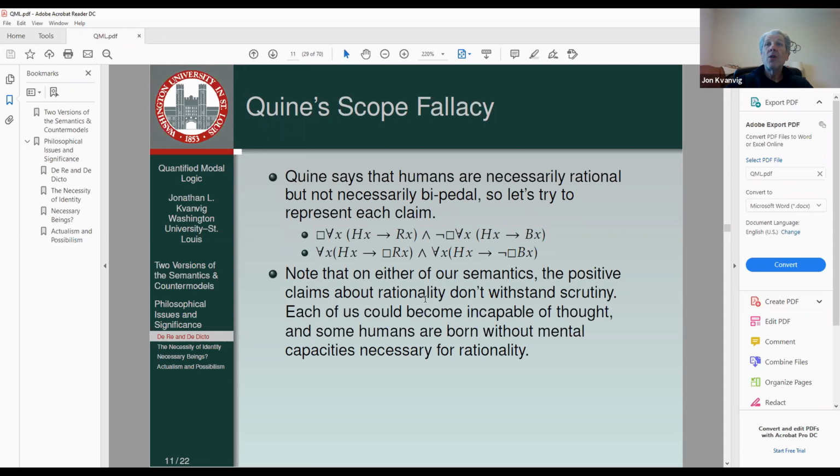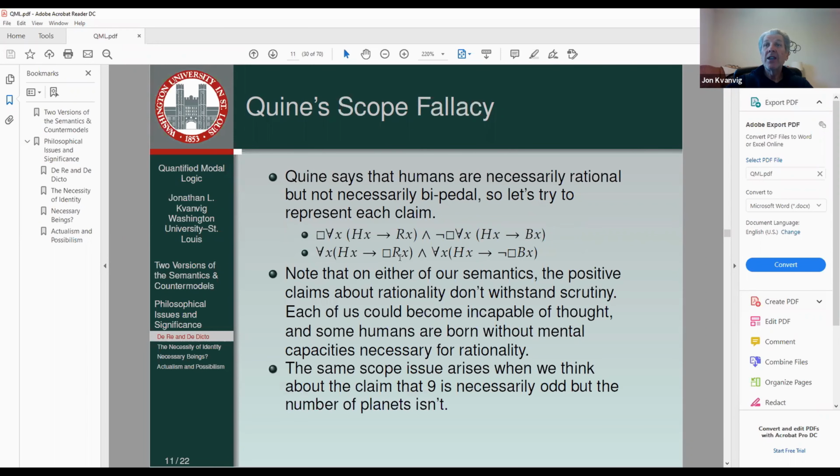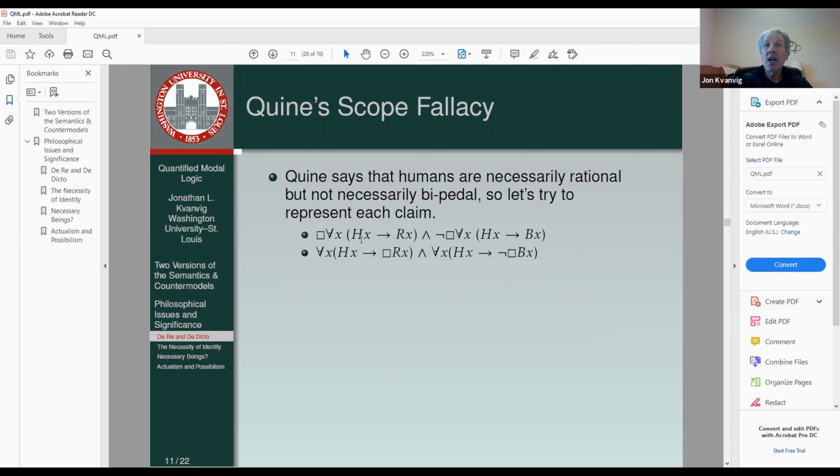So Quine is guilty of a mistake. The mistake in medieval times was well known, and it was described in terms of sentences that we now represent this way. Remember, I said Aquinas called this the fallacy of confusing the necessity of the consequence with the necessity of the consequent. Now remember, the consequent of a conditional is the stuff after the arrow.